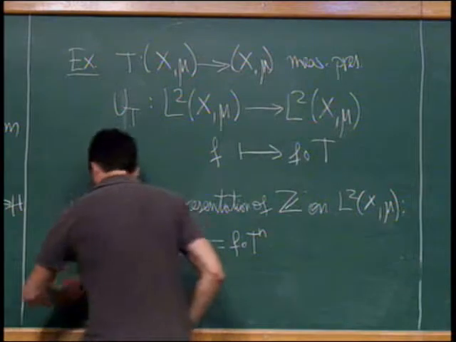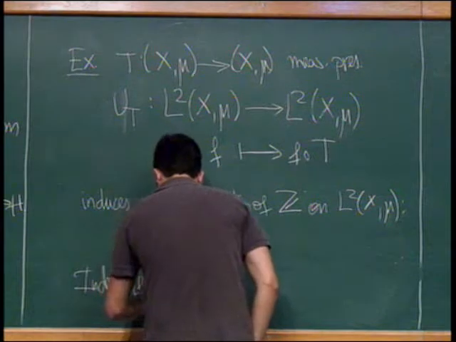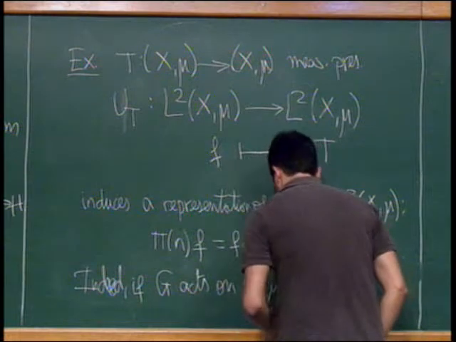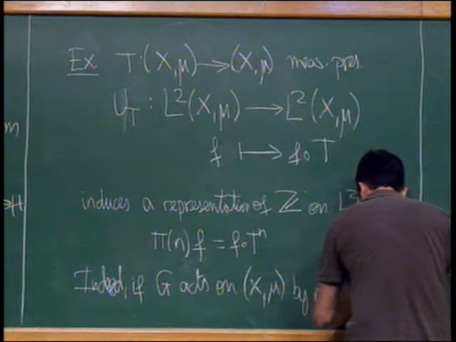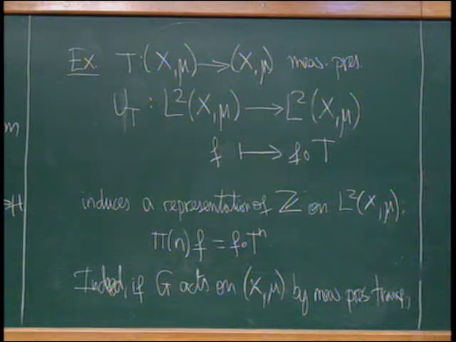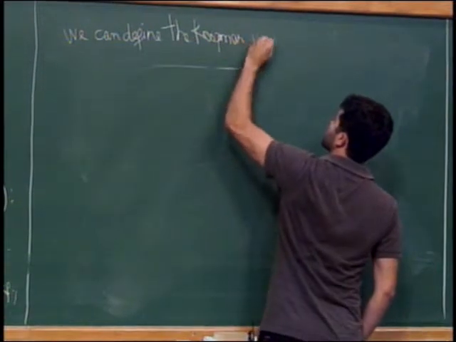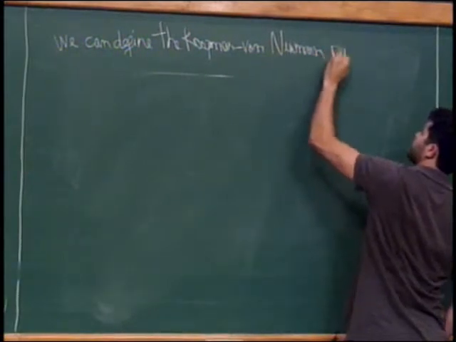Indeed, if G acts on a measure space (X, mu) by measure-preserving transformations, we can define the Koopman-von Neumann representation.